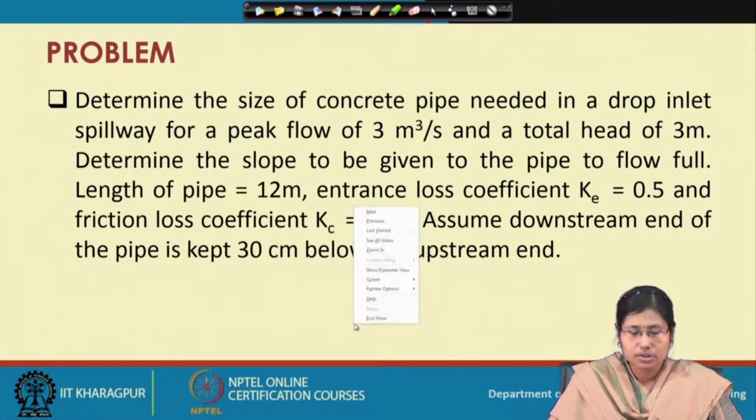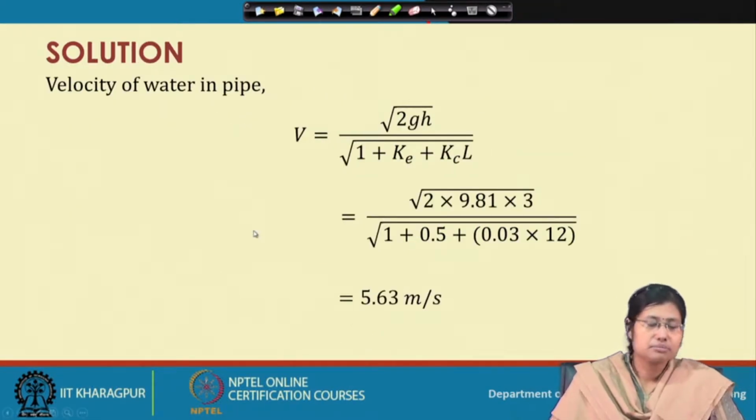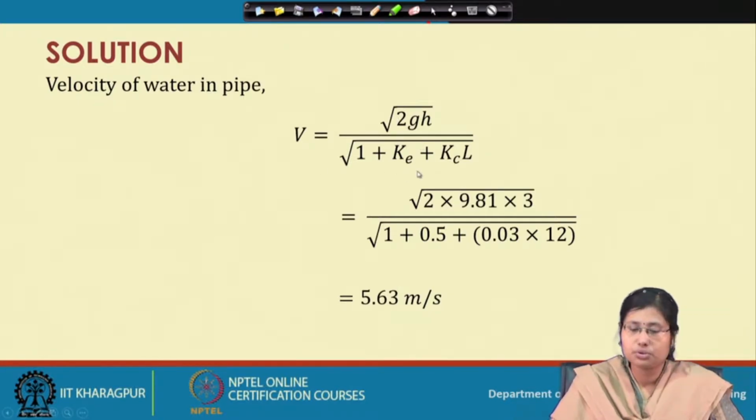First we are going to calculate the velocity of flow in a pipe. This equation was already covered in an earlier slide. Here the velocity of flow is a function of the coefficient of contraction and the coefficient of head loss at the entrance of the pipe.